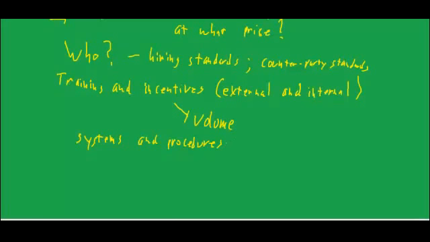Now, they may reduce human error, but they could introduce other forms of error, and so you have to think about that. But overall, you have to look at what your systems and your procedures are doing in terms of how they work with implementing your risk policy.